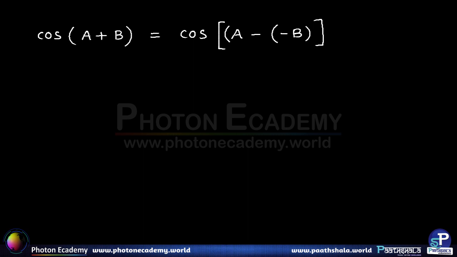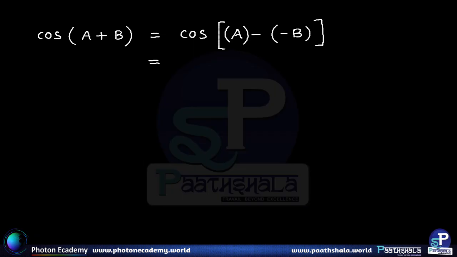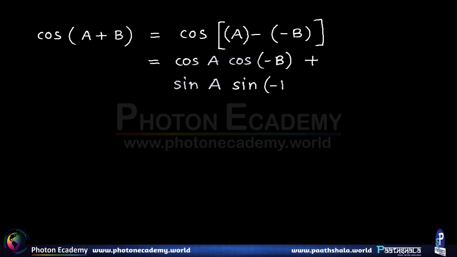So you see clearly now we have written the right side as cos of subtraction of two angles, and using the result that we just proved for cos(A minus B), we have cos A cos(minus B) plus sin A sin(minus B).